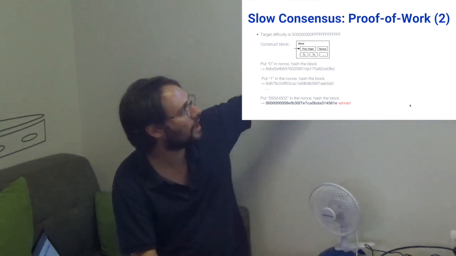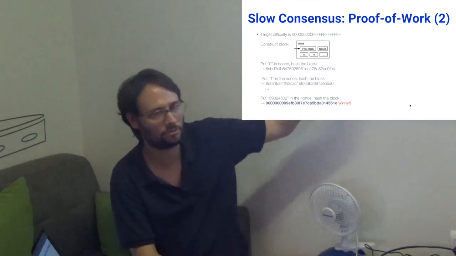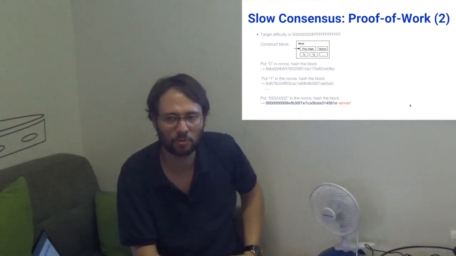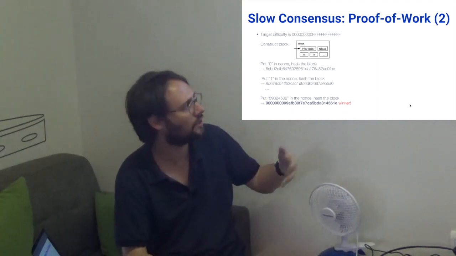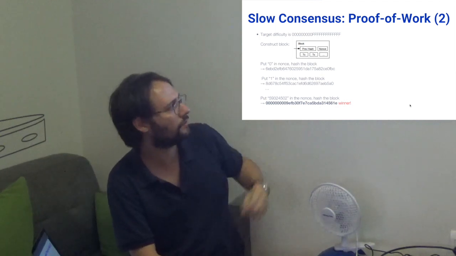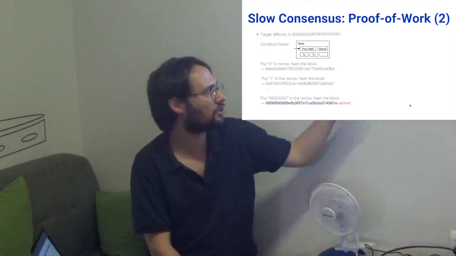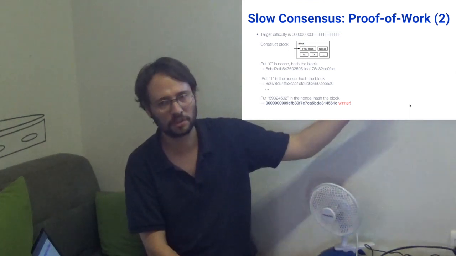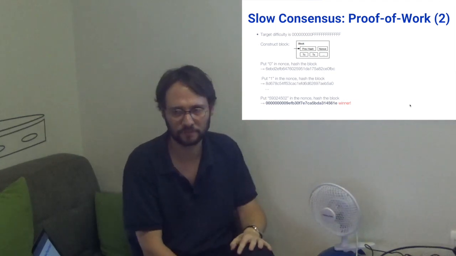So we'll try to put 1, and we'll get a totally different number, but it still doesn't begin with the required amount of zeros. So we still haven't solved the puzzle, and we'll keep trying a lot of numbers in the nonce, and after a while somebody finds the number that gives us a hash with that amount of zeros, and that's our winner. That guy just solved the block.